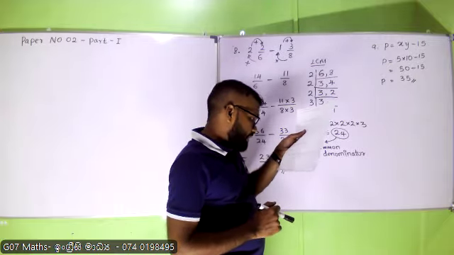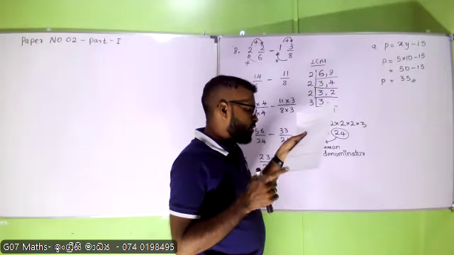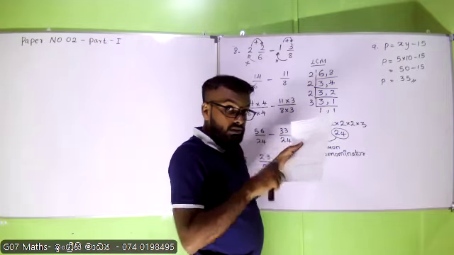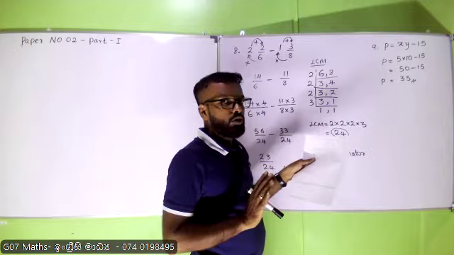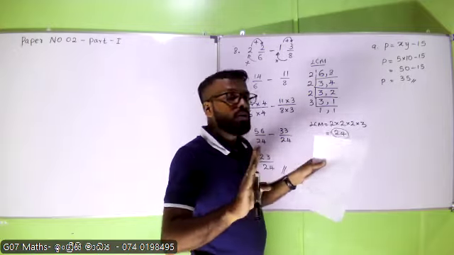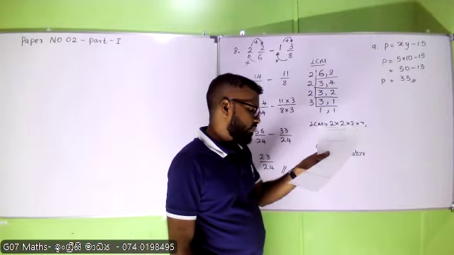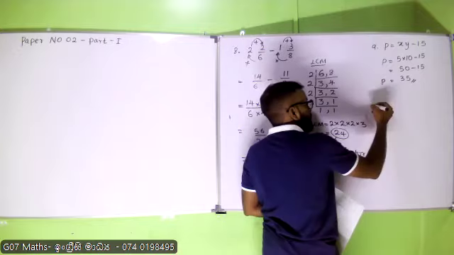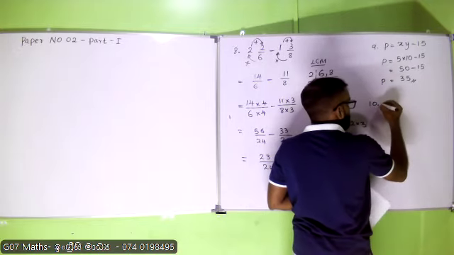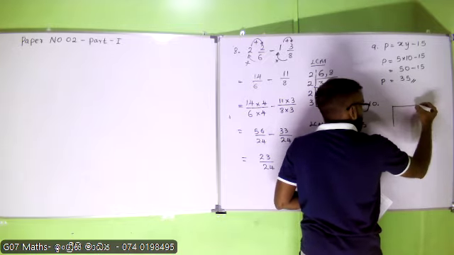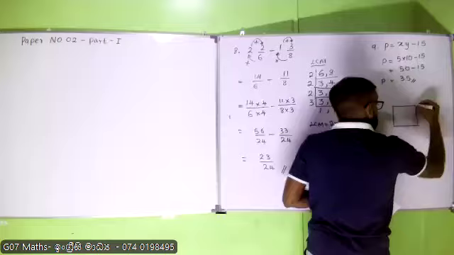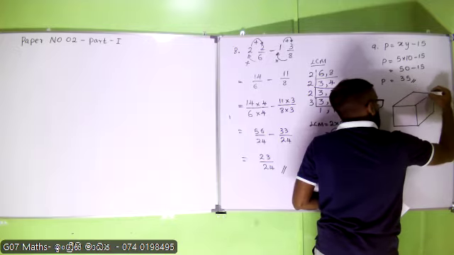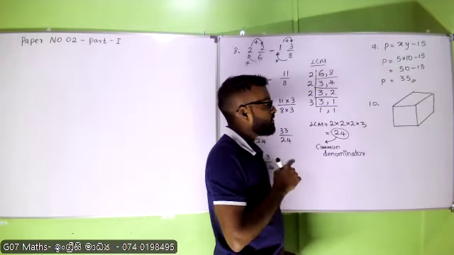So the 10th one: length, breadth and the volume of a cuboid shaped solid are 5 centimeters, 4 centimeters and 60 cubic centimeters respectively. Right? Find the height of the solid. Solid means find the height of the cuboid. So normally, when you have this kind of cuboid, this is the cuboid.